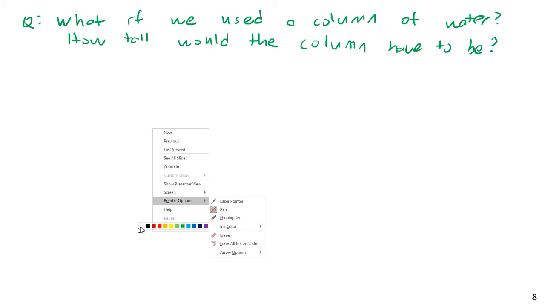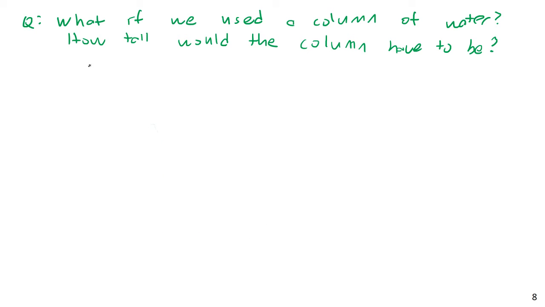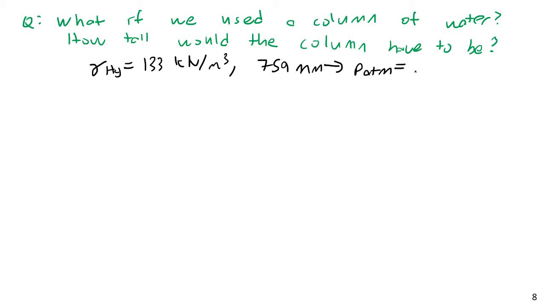Well, let's see. We know that the gamma of Hg is 133 kilonewtons per cubic meter, and that produces a height of 759 millimeters to get an atmospheric pressure equal to 101 kilopascals.